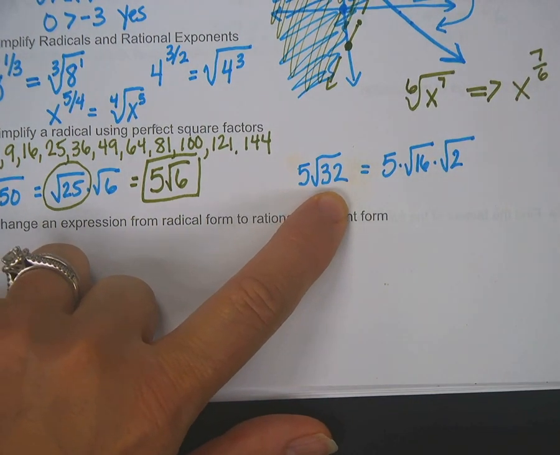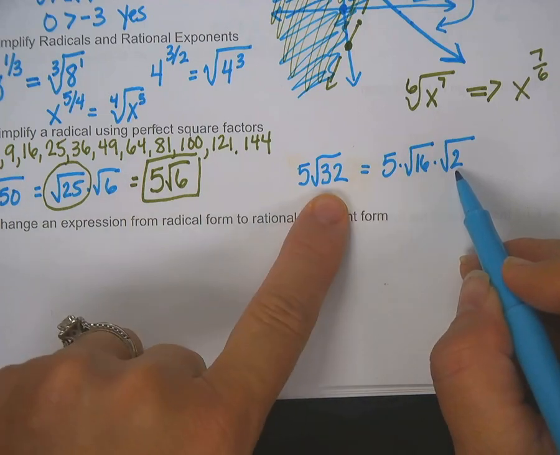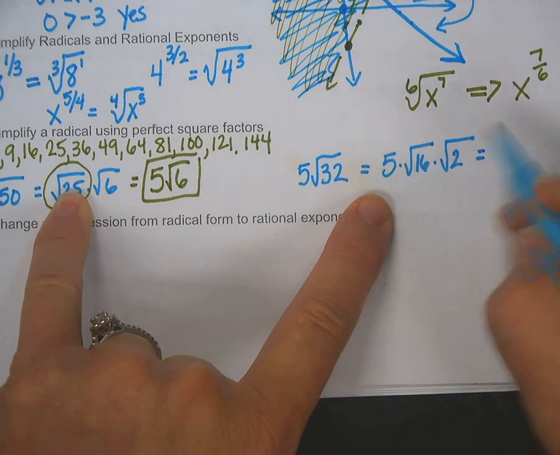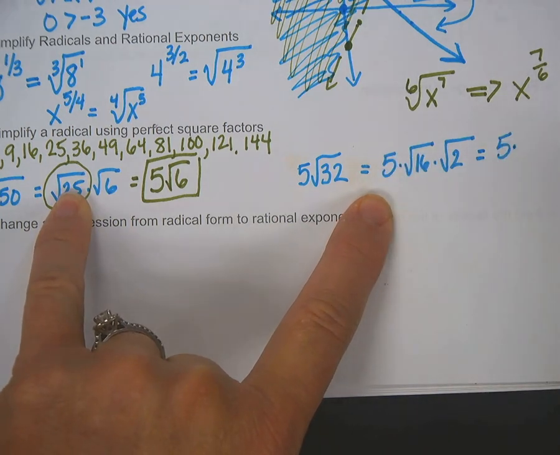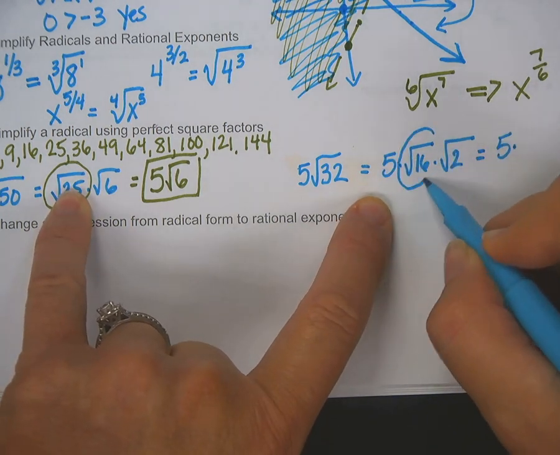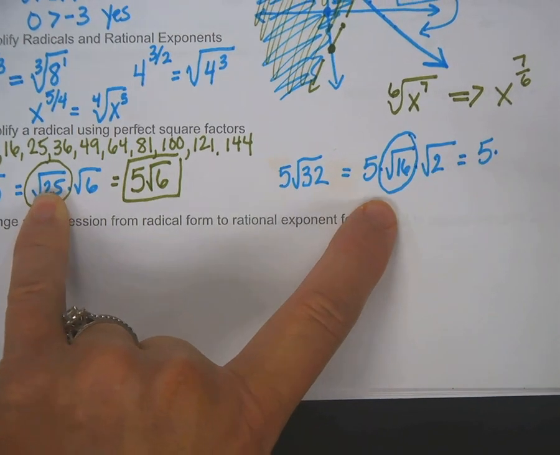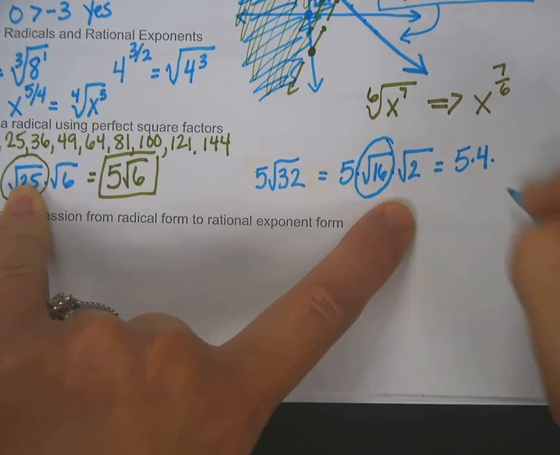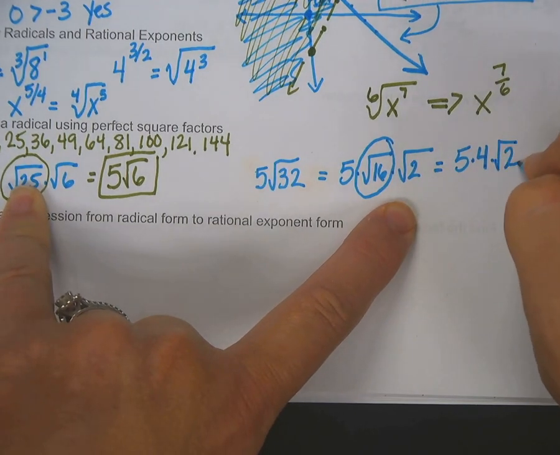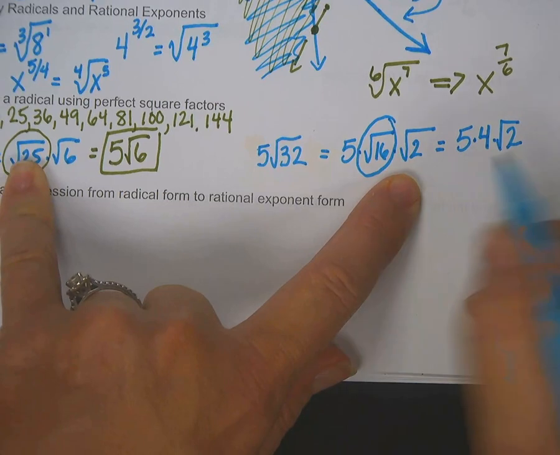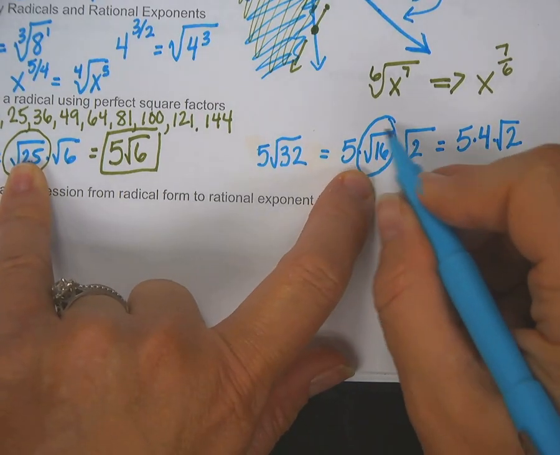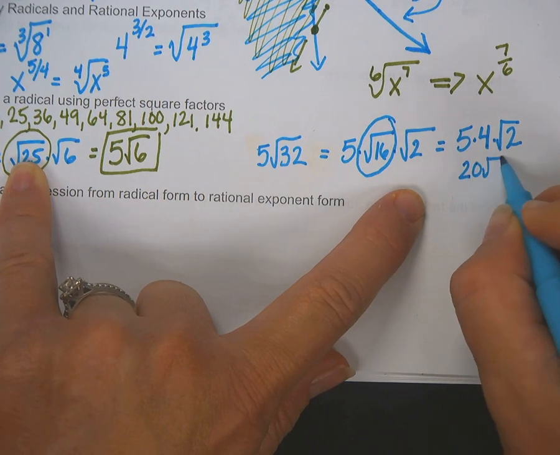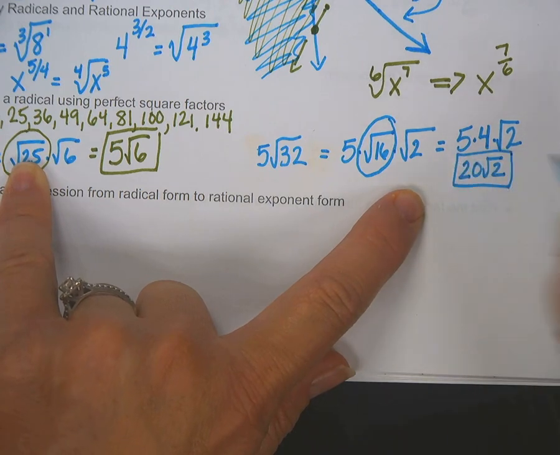So the square root of 16 times the square root of 2 is here. Now I go one step further. 5 is just our plain number, but the square root of 16 I can actually figure out as an integer. The square root of 16 is 4. Square root of 2, I still don't know, so it's going to stay here. So I'm going to combine this factor of 4 times the factor of 5, and my answer is going to be 20 square root of 2.